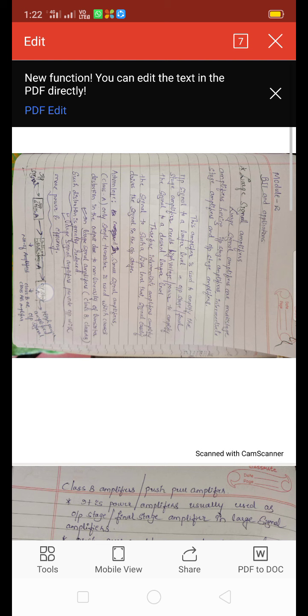So we will be studying this block and how we are going to get reduced distortion. We will see that also. We will have the circuit diagram of class B and explanation, and the circuit diagram of class AB amplifier and explanation.